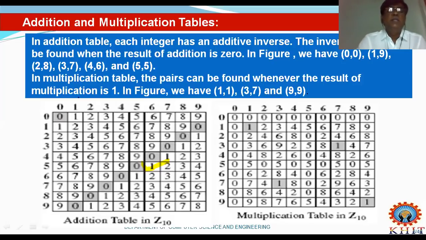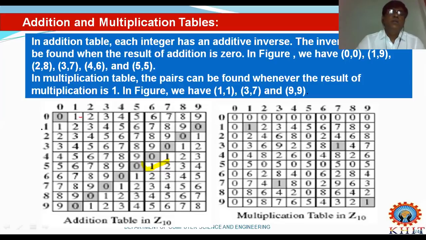Now, if we add the corresponding row and column, you get these values. So 0 plus 0 is 0, 0 plus 1 is 1, 0 plus 2 is 2, then 3, 4, 5, 6, 7, 8, 9.